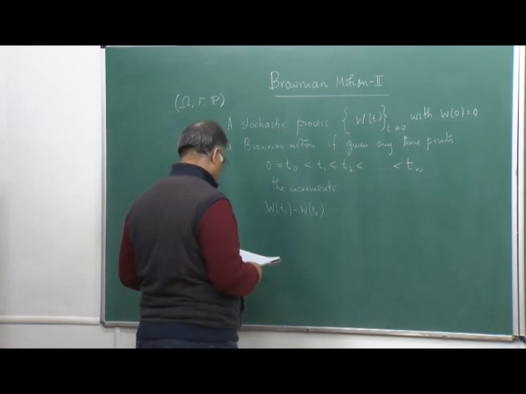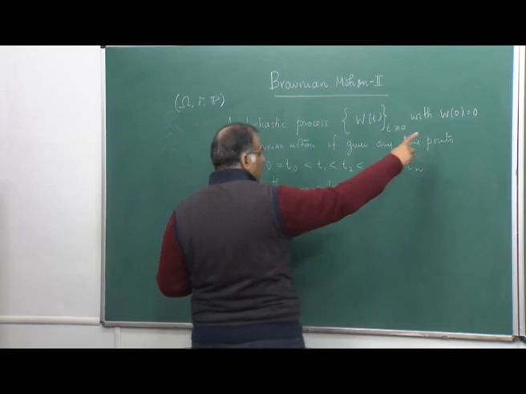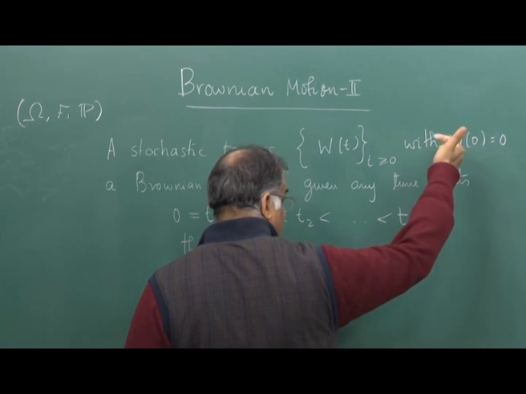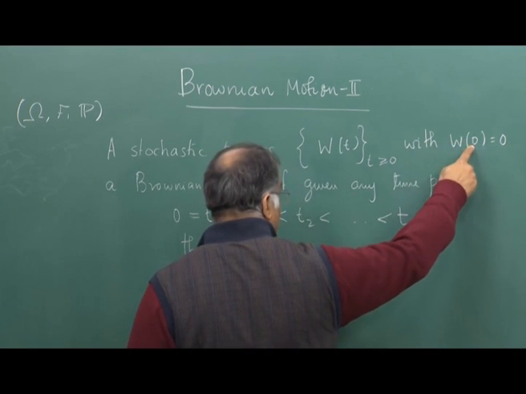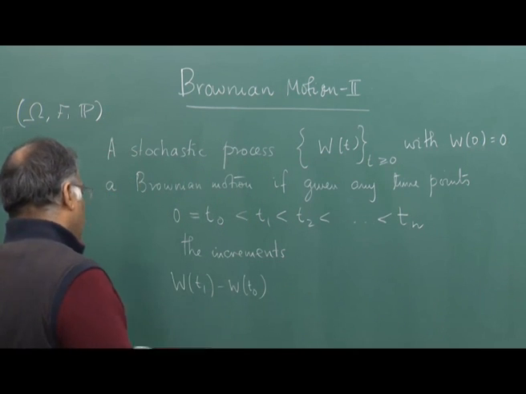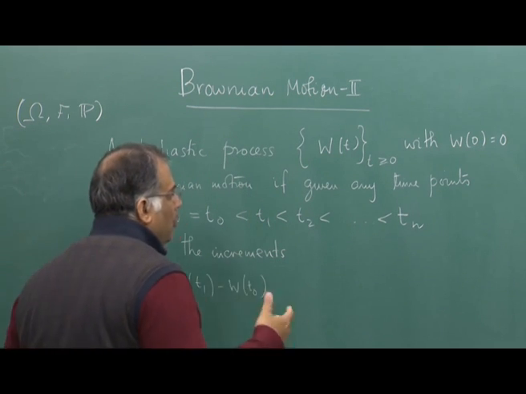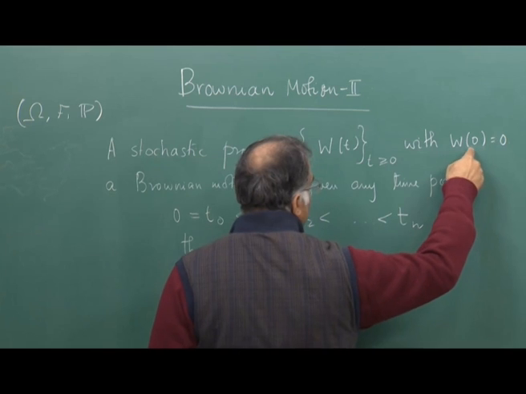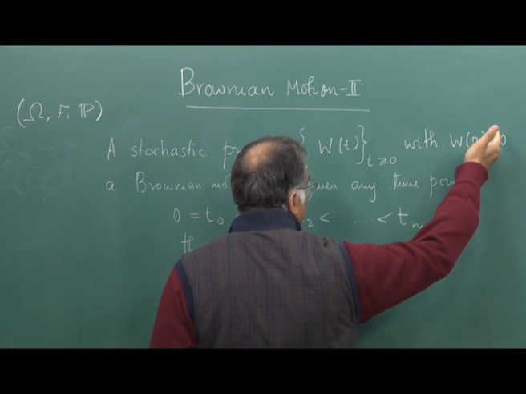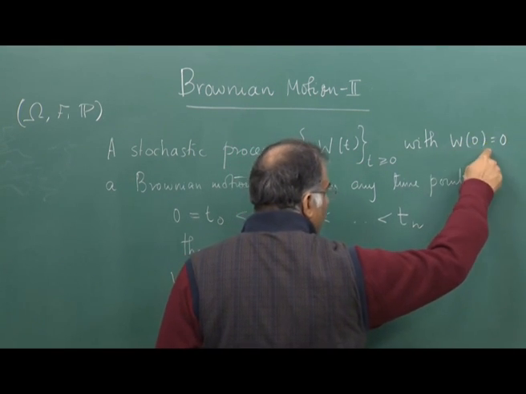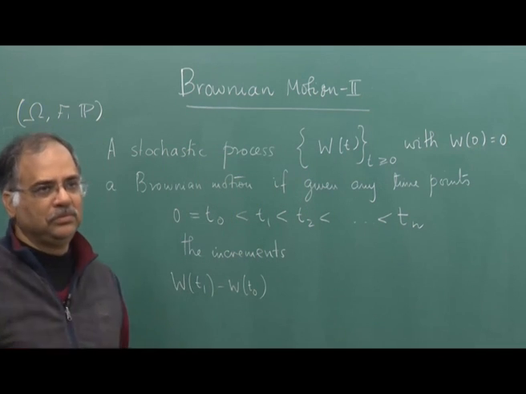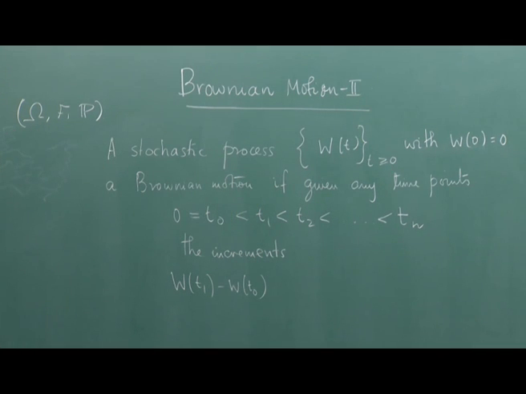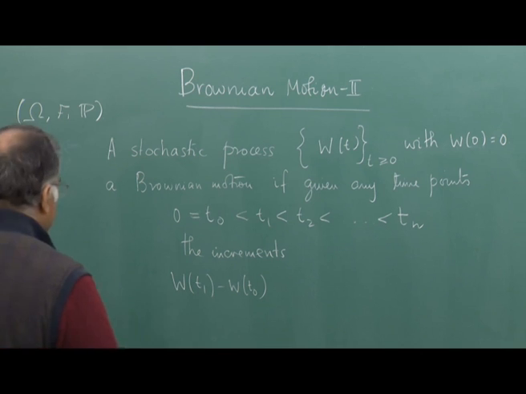So, it is identically a 0 function. So, W0 itself is a function, please remember it is a random variable. So, whatever be the scenario omega, W of 0 would always be 0. That is the meaning of the whole thing.